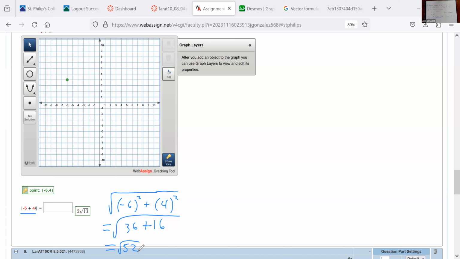Reduce this, that would be 4 times 13. The square root of 4 is 2. That's where this comes from.